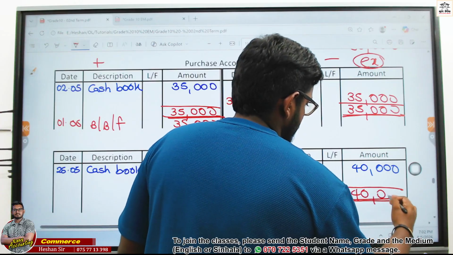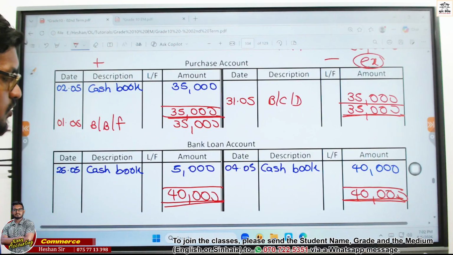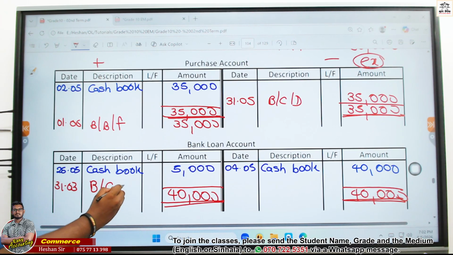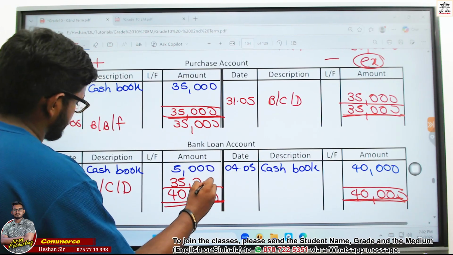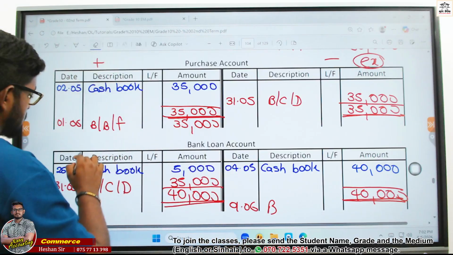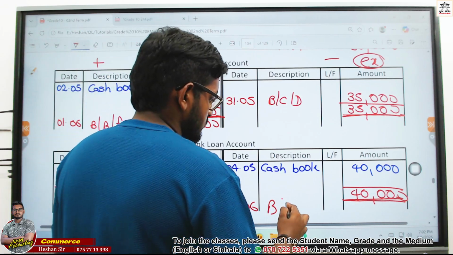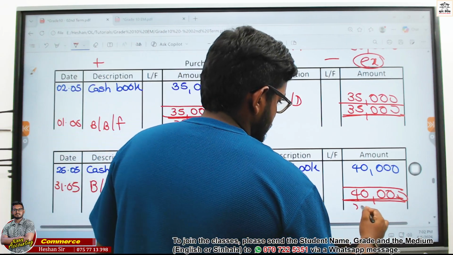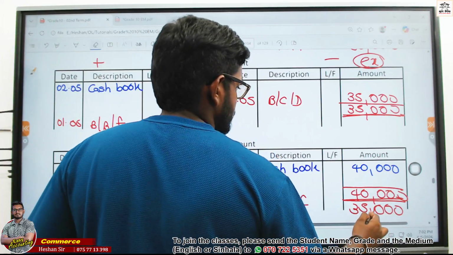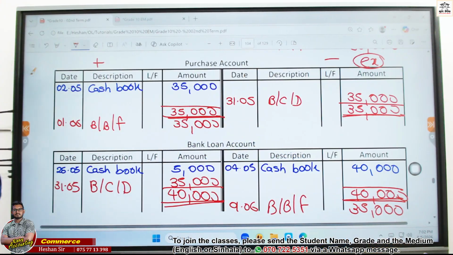Higher value side is 40,000. 40,000 minus 5,000. 31st of May, balance carried down 35,000. 1st of June, 35,000.